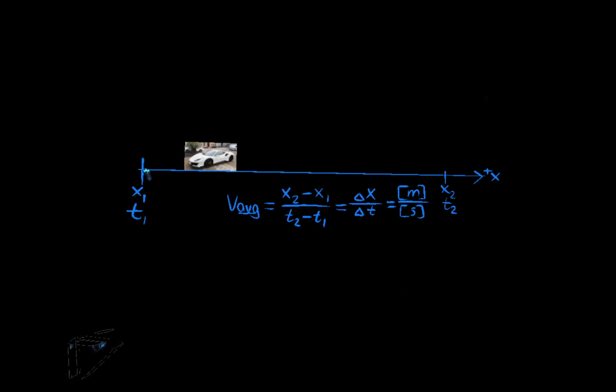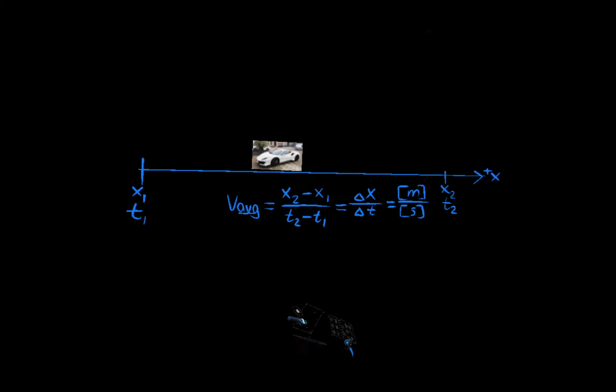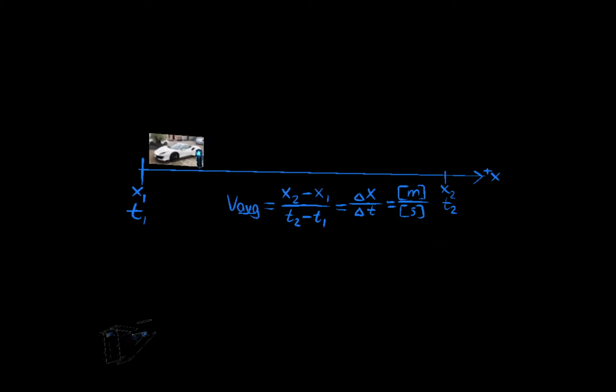So this here is the origin, and we said the car will probably start at the origin. We could have had the car start somewhere here, but it just complicates the problem because then you would not get to use your x1 and t1 as 0 or one or the other. So it's helpful to have your thing start at the origin at t equals 0.